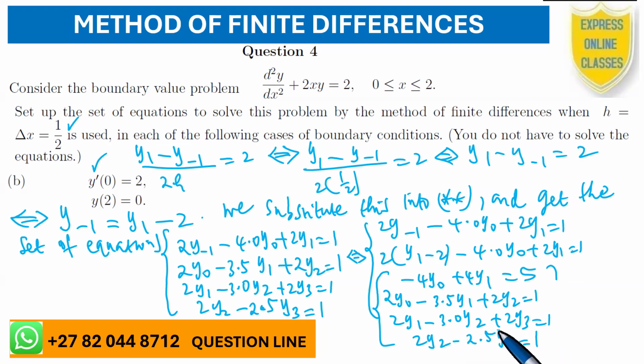So these are 4 equations in 4 unknowns, and we can just use matrices to solve this. But they said you do not have to solve the equations, so you leave them in the desired form.